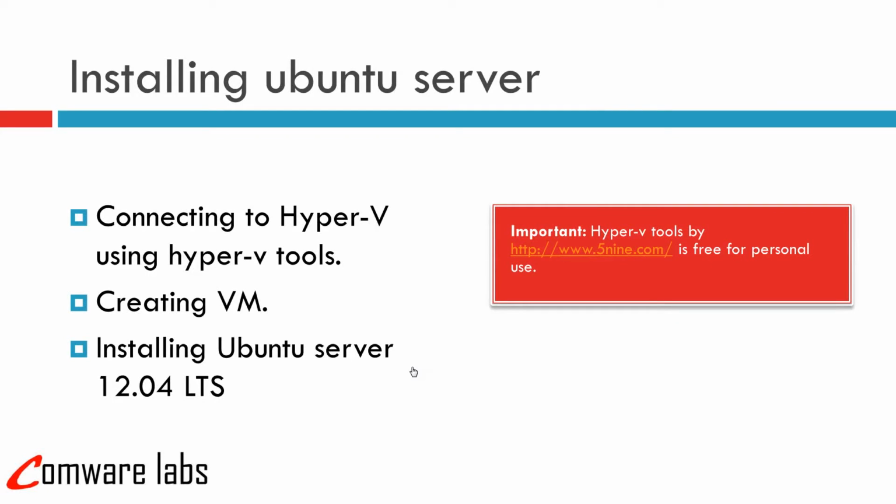So the next step would be installing Ubuntu server as a virtual machine. First step would be connecting to the Hyper-V server using Hyper-V tools.